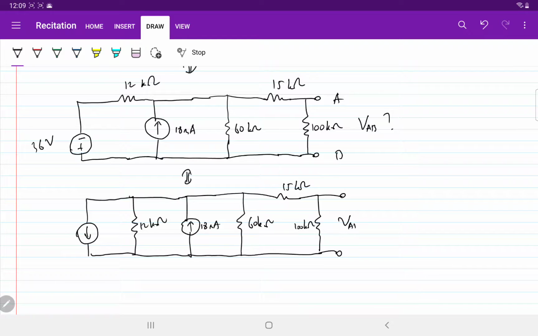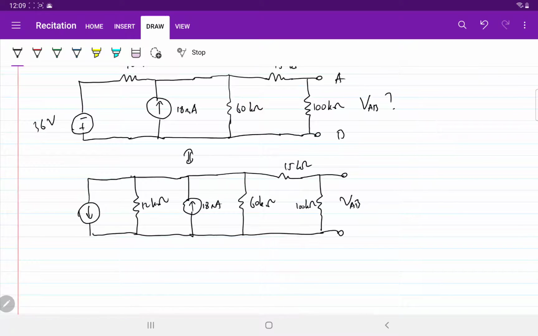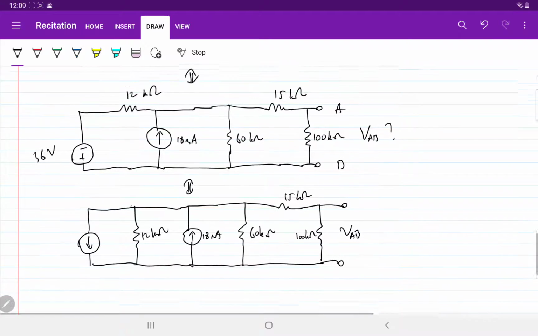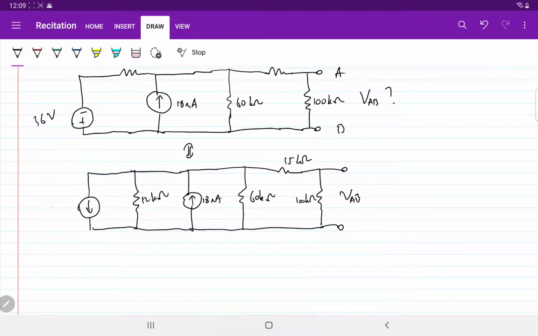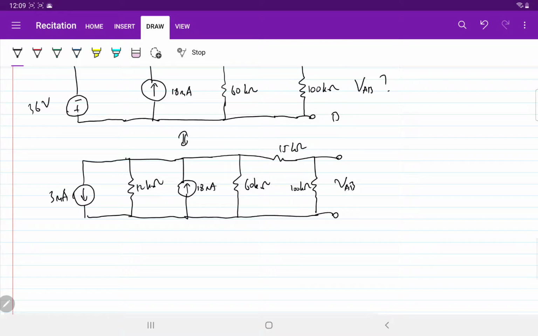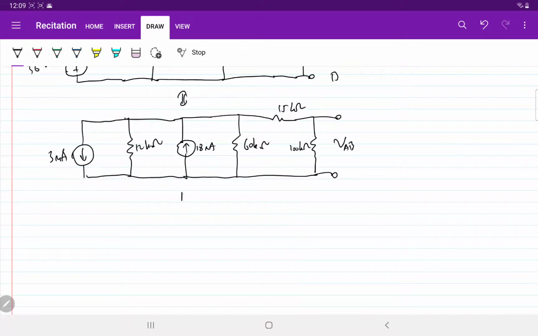and VAB. Okay, what's this current? This current is 36 divided by 12k, so the current is 3 milliamps. But they are in parallel, so you can simplify it into 18 minus 3, so 15 milliamps, right?